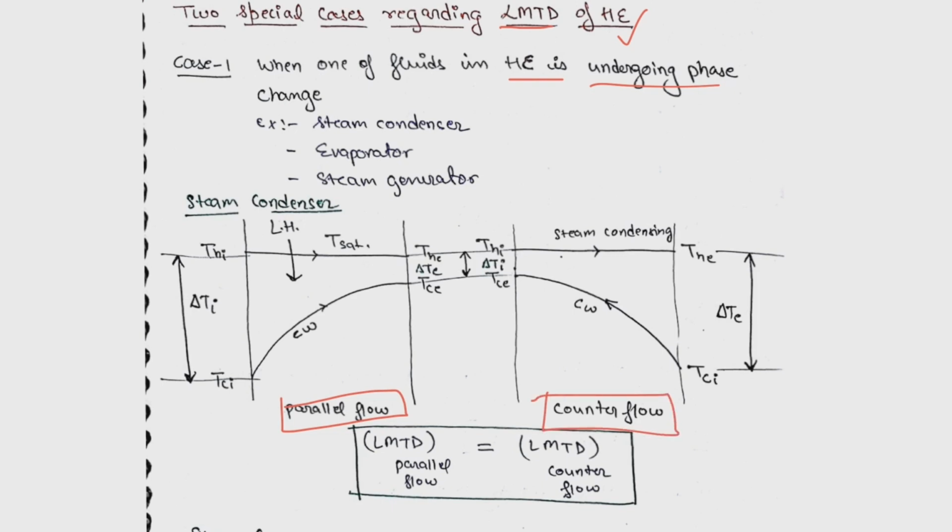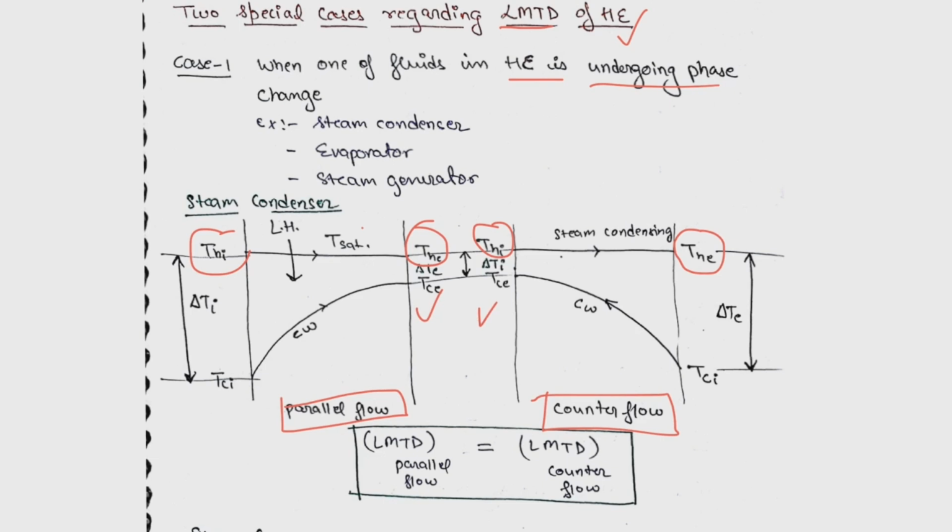One thing you can observe is that THI and THE are the same, irrespective of whether it is a counter flow or a parallel flow heat exchanger. Therefore, since THI and THE are the same, the final temperature achieved by the cold fluid is also the same in both cases.